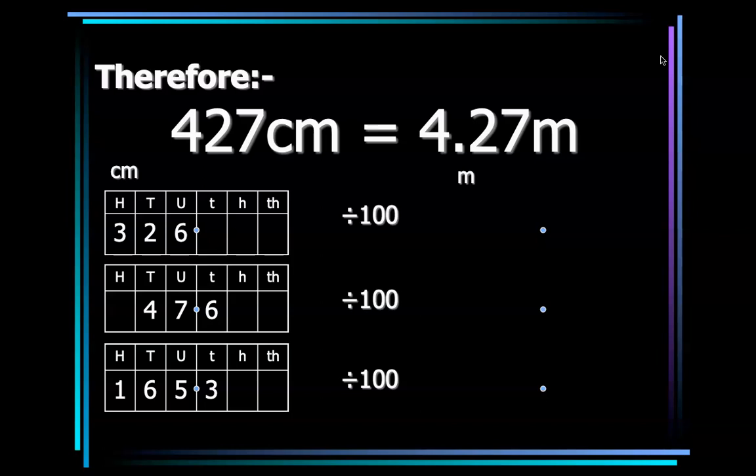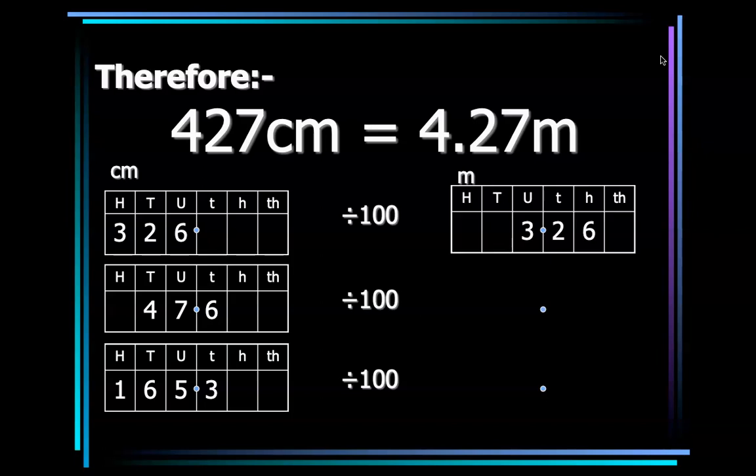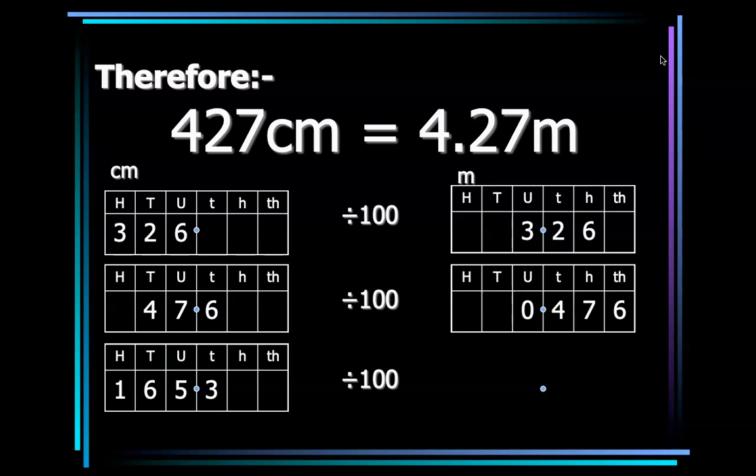Let's see if you guys can get the correct answer. 326 centimeters, I need to divide that by 100, and you would have been quite correct if you had said 3,26. There you can see the 6 moves 2 places from the units to the hundredths, the 2 moves 2 places from the tens to the tenths, and the 3 moves 2 places from the hundreds to the units. 47,6 centimeters, you would have been correct in saying 0,476 meters, and again we're dividing by 100.